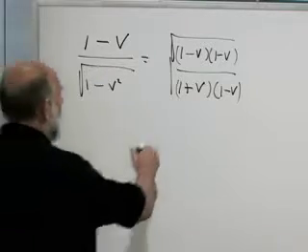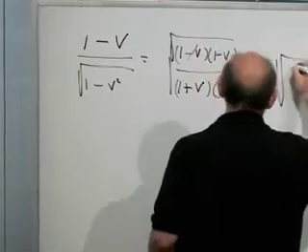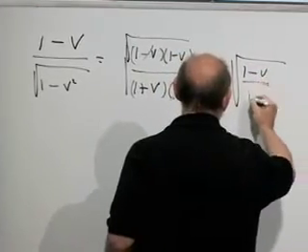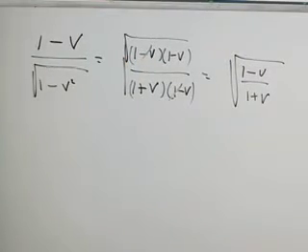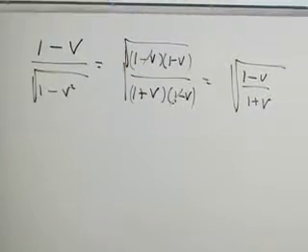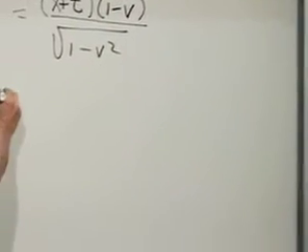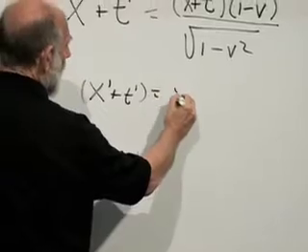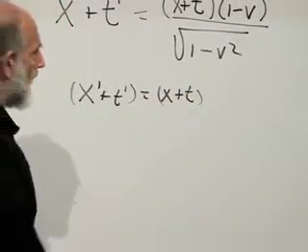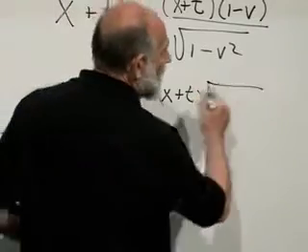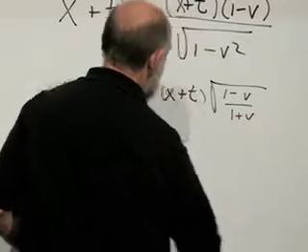The 1 minus v's cancel, and all of this is just equal to the square root of 1 minus v over 1 plus v. So let me rewrite this equation. It says that x prime plus t prime is equal to x plus t times something which depends on the velocity as the square root of 1 minus v over 1 plus v.